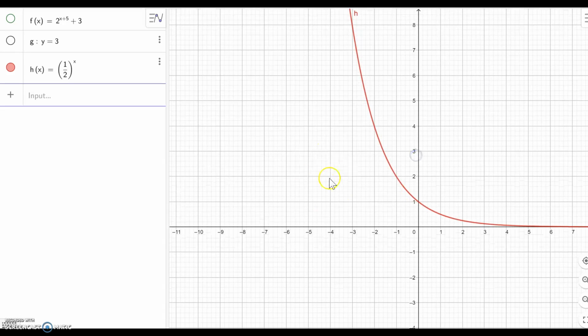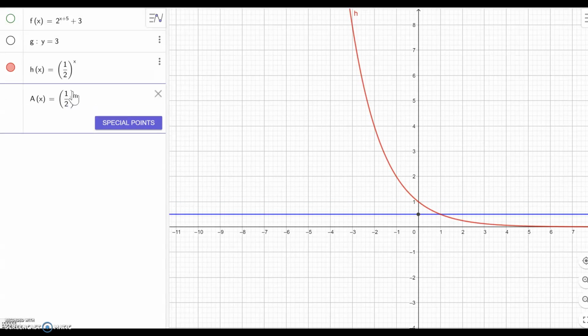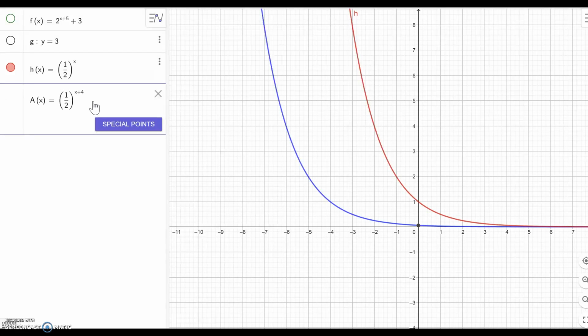Yeah, that was the original (1/2)^x graph, and then I'm going to make our question, which is (1/2)^(x+4), and then minus 3.